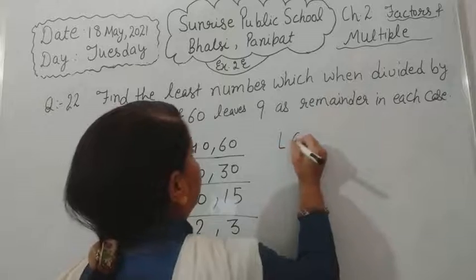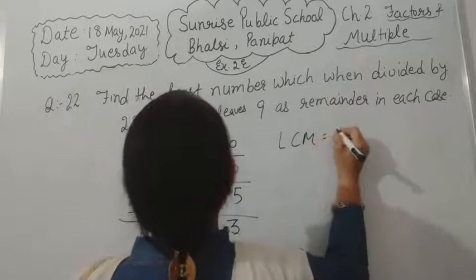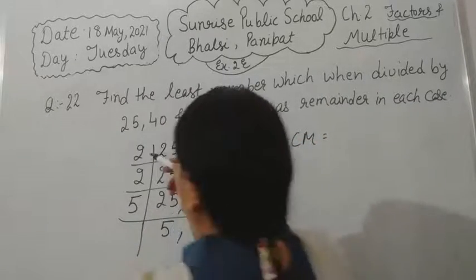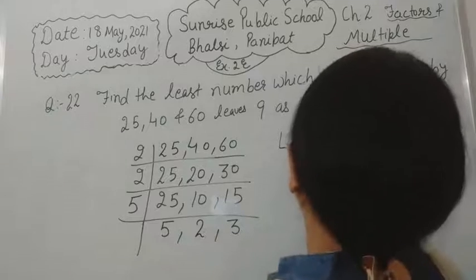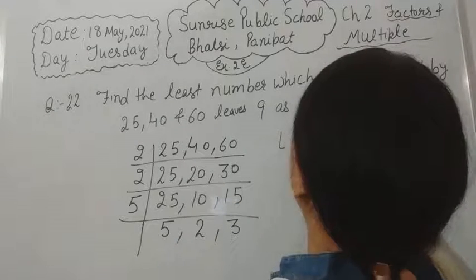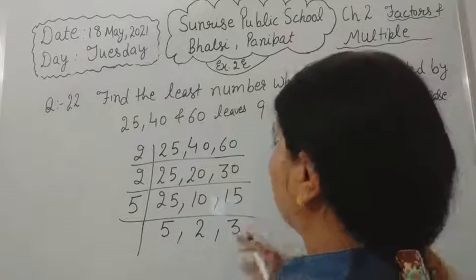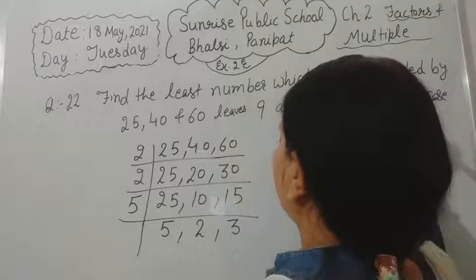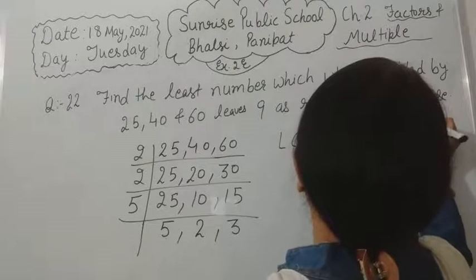So here we write LCM. 2 comes 3 times, 1, 2 and 3. So we write 2 multiplied by 2 multiplied by 2. 3 comes only 1 time and 5 comes 2 times.